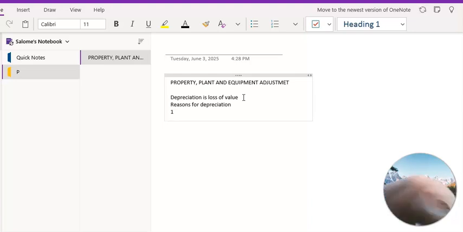So reasons for providing for depreciation. Why do we provide for depreciation? The reason is because it enables us to ascertain the correct value of assets.